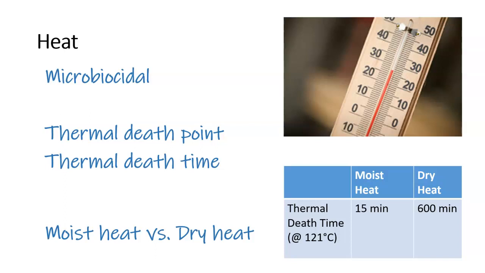At the same temperature, the dry heat takes 600 minutes to sterilize a specimen. Moist heat results in denaturation and coagulation of proteins. Dry heat, on the other hand, dehydrates cells at lower temperatures and oxidizes biological molecules to ash at higher temperatures.